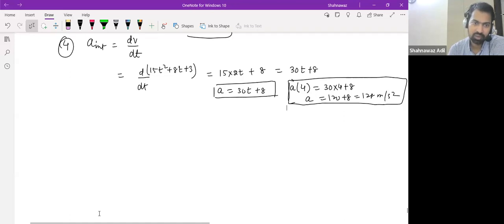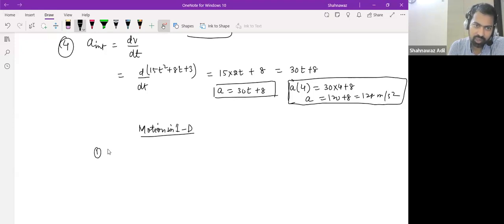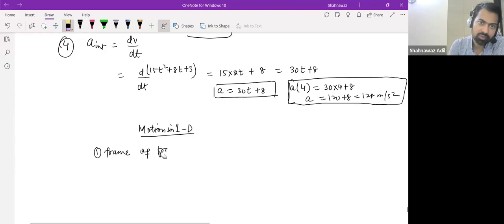Okay, so now let me talk about what we have done so far in this motion in 1D. We understood about the frame of reference, right?